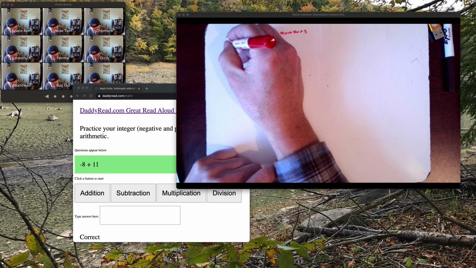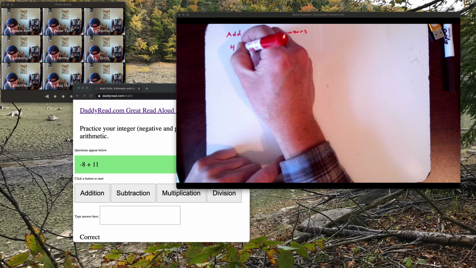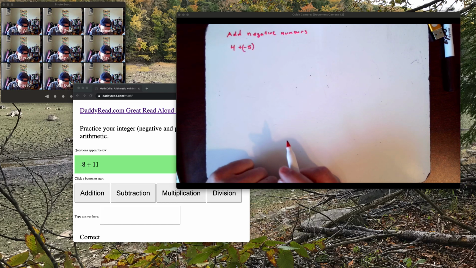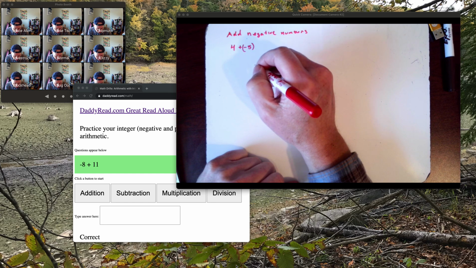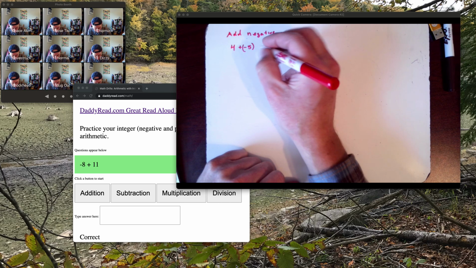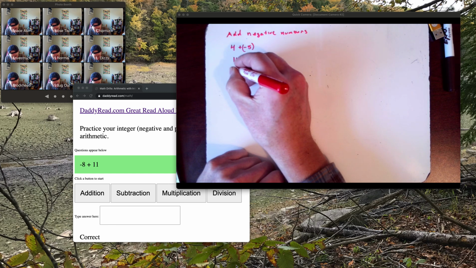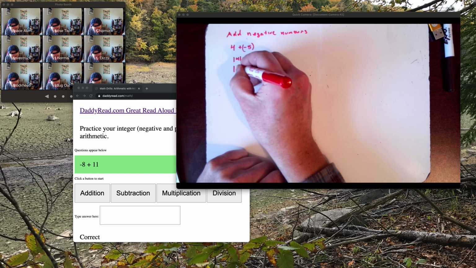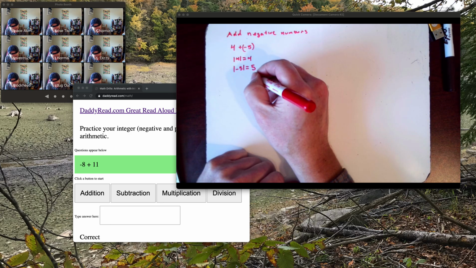So to add a negative number, for example, 4 plus negative 5, you look at the two numbers and find out which has the bigger magnitude. Which one has the bigger absolute value? The absolute value of 4 is 4. The absolute value of negative 5 is 5. Okay, so the 5 wins.